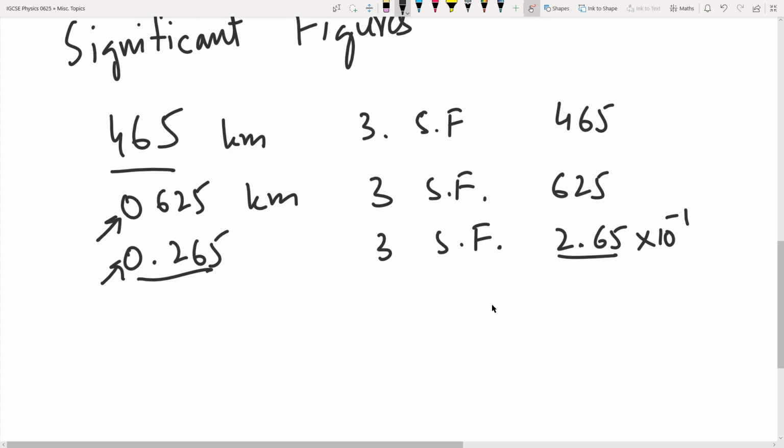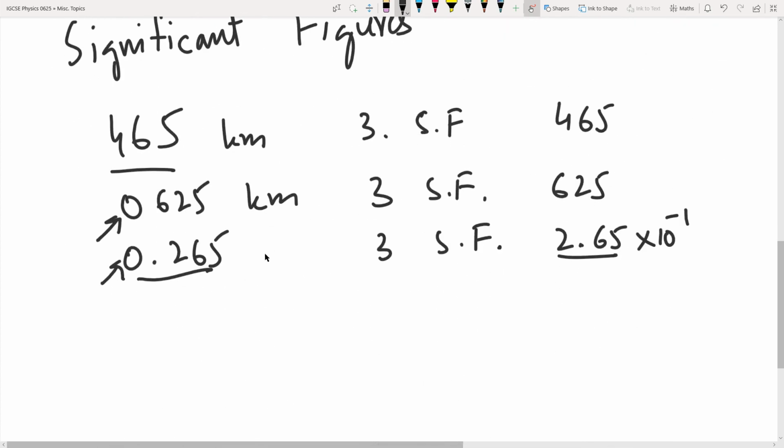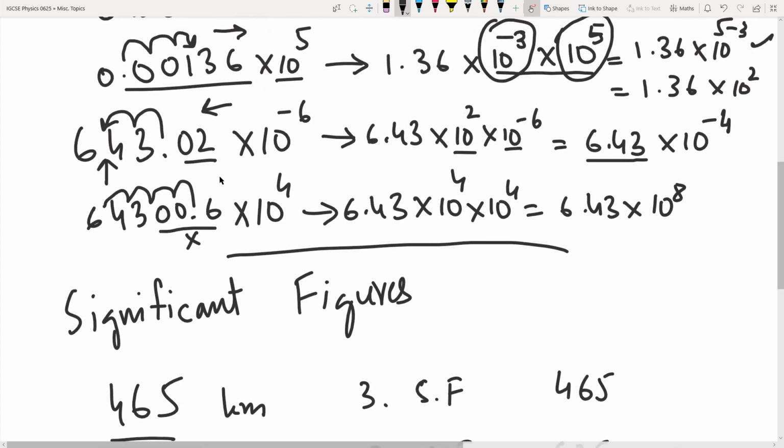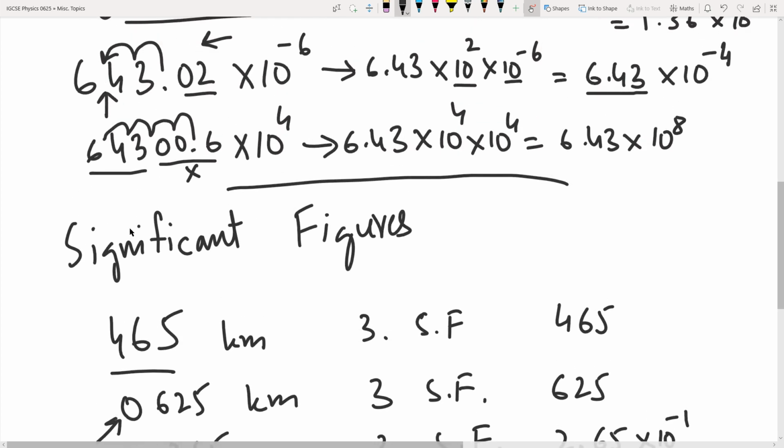So that's our rule number one, right? All non-zero digits are considered significant. Over here, our 6 was also significant, but we omitted this because our significant figure requirement is just for the 3 digits and not more. Once you go into your advanced studies, let's say for graduation or for masters or PhD whatsoever, you will be coming across very large numbers, and most of the time you will be required to write significant figures up to 6 digits, right?